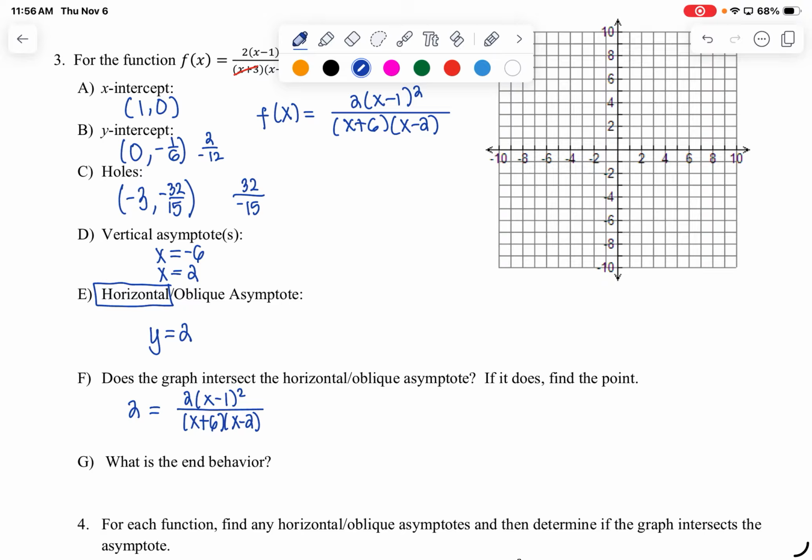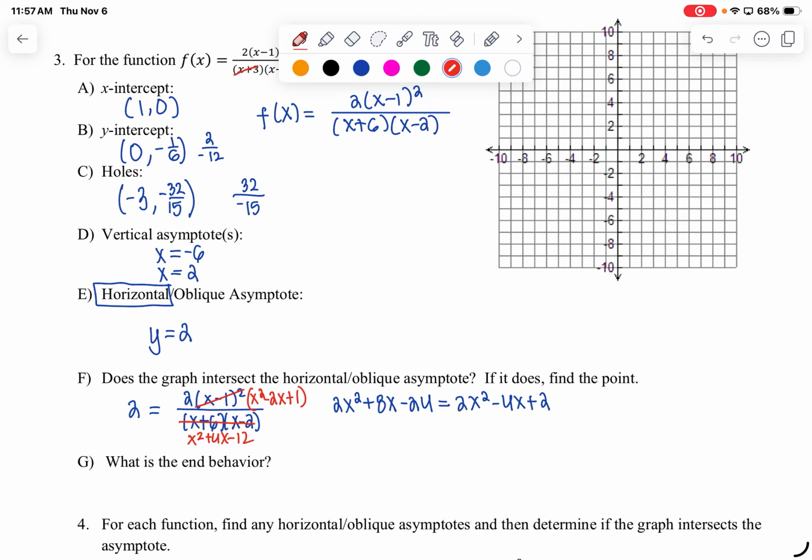All right, so I need to multiply both sides by this to get this to cancel out, but I want that to be a trinomial, so I'm going to change that to x squared plus 4x minus 12. And while I'm at it, I'm going to multiply this out because I'm going to need to, and that's x squared minus 2x plus 1. Okay, all right, so multiply 2 times the denominator, which is 2x squared plus 8x minus 24, is equal to my new numerator, 2x squared minus 4x plus 2.